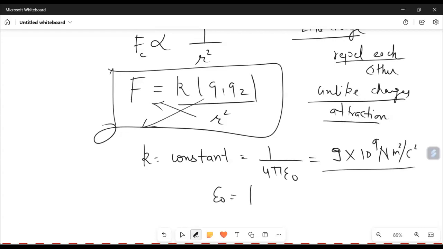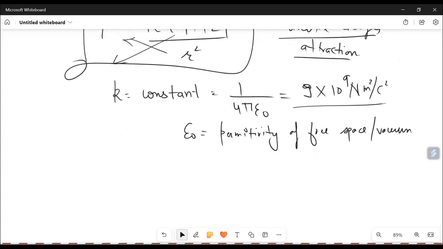Here epsilon naught is the permittivity of free space or vacuum, whose value remains the same for air also. Epsilon naught can be written as 8.865 into 10 inverse 12, and its unit is just opposite to the unit of K because it is inverse. So Coulomb square per Newton meter square.